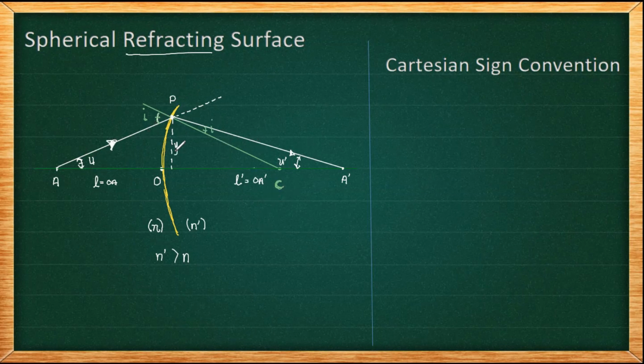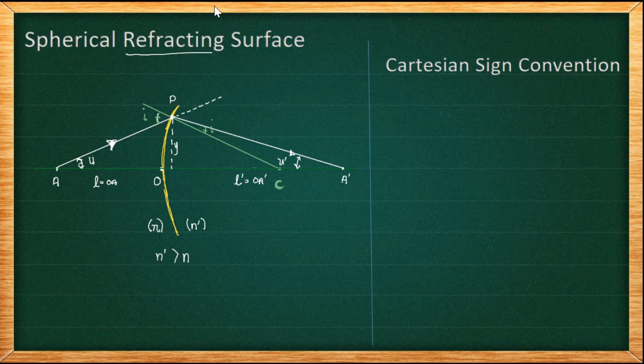Okay. Now that we have the image, let's discuss the Cartesian sign convention. We need to have a convention in order to differentiate the one on the left and the one on the right of your optical axis. So for the sign convention, we will be following the Cartesian sign convention.